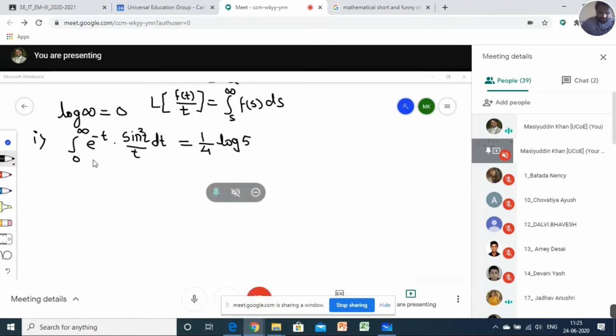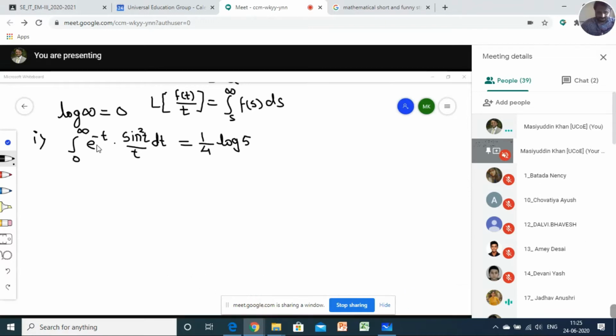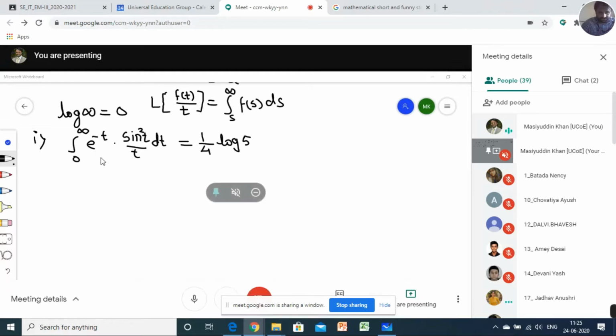What is the use of this e raised to minus t here? Sir, that is the formula. Which formula? That's why I'm asking the question. Sir, e raised to minus st into f of t. Okay, so we have to compare the definition of Laplace along with these questions, right? Okay, thank you.